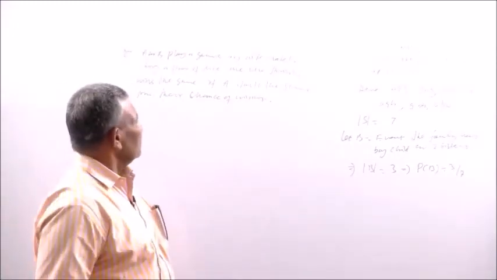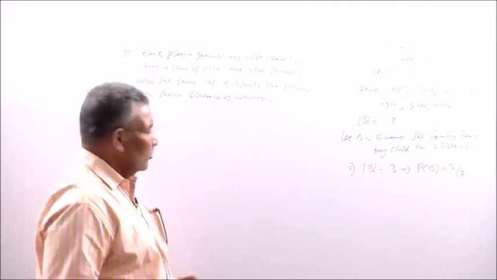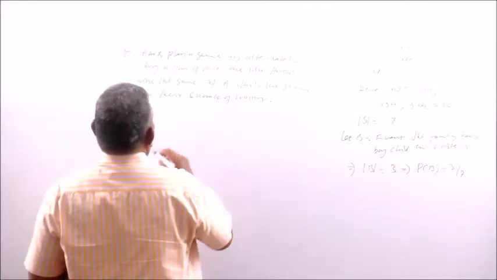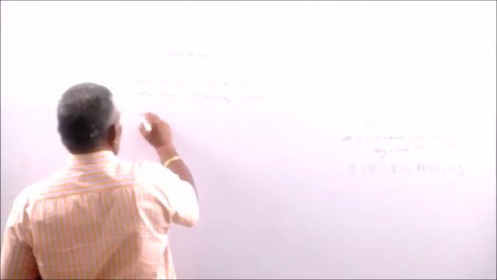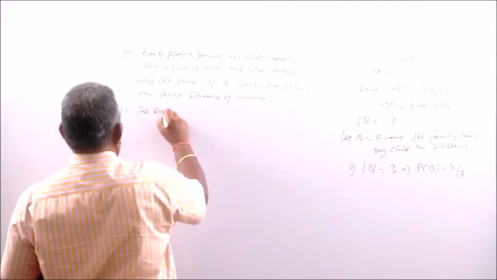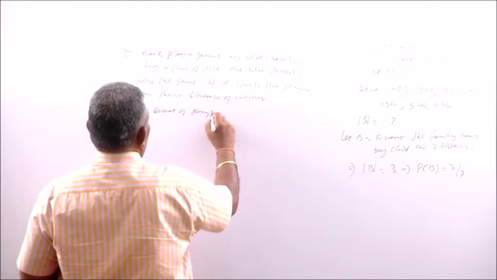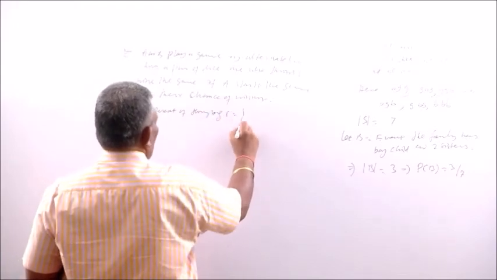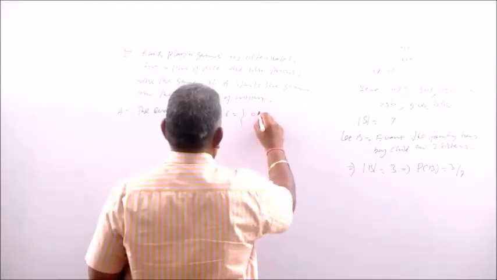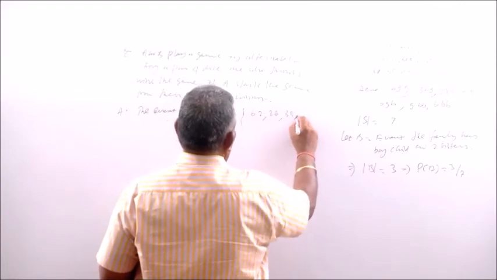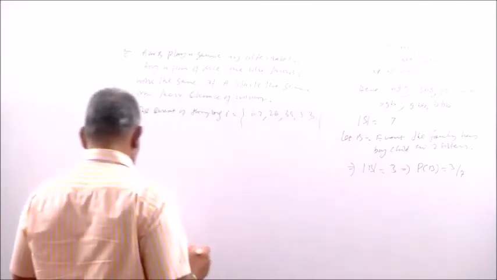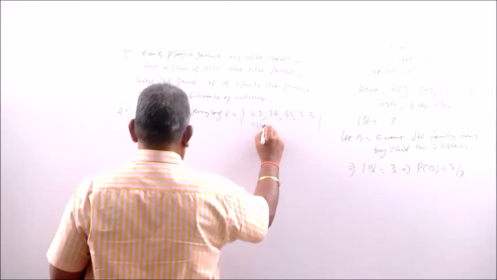Here the condition is if somebody throws 8, then he will win the game. Let us consider the event of throwing 8. What are the possibilities? 6 2, 2 6, 3 5, 5 3, and 4 4.